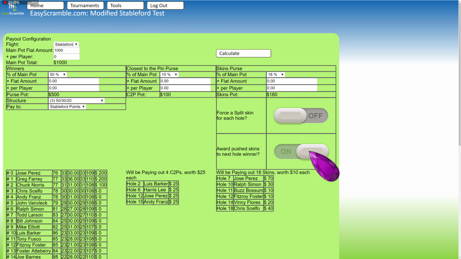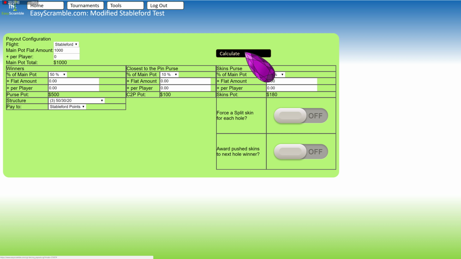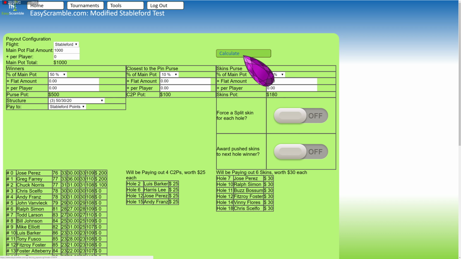So by having that in the default position, it just takes the total number of skins, suddenly makes them each worth $30 and pays them out evenly.